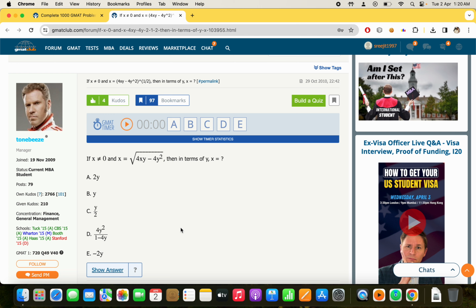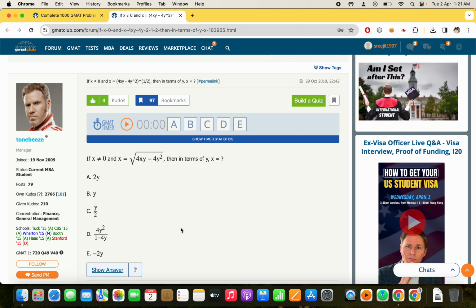Can we separate it? Separate it. We need to separate the terms for both the x and y part. X squared by x squared.